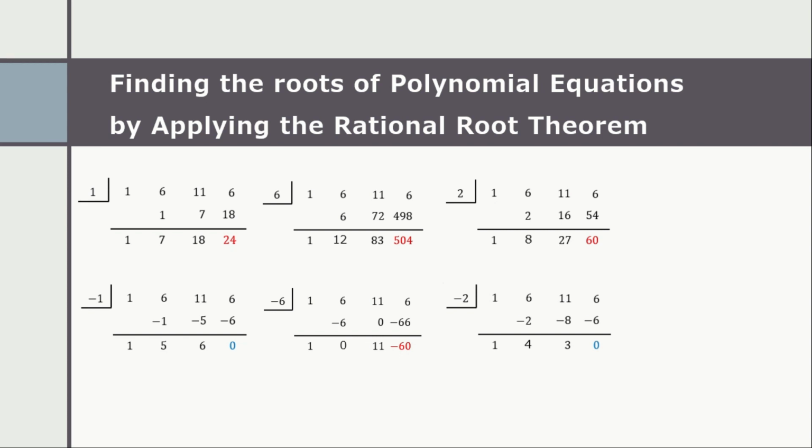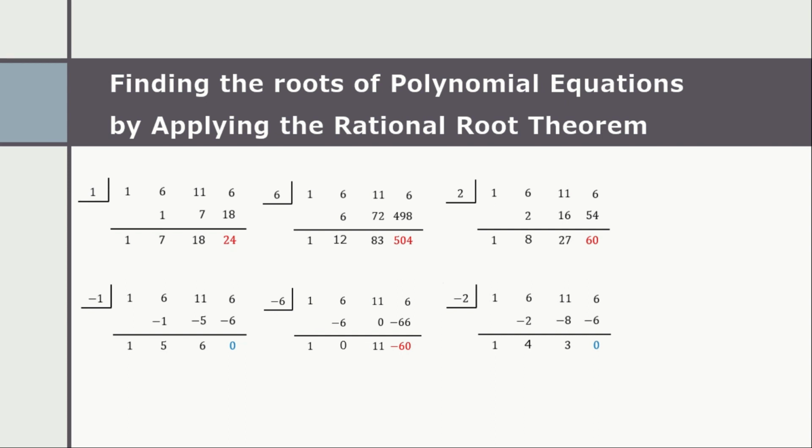Then 4 multiplied to negative 2 will give us negative 8. Then 11 plus negative 8 will give us 3. Then 3 multiplied to negative 2 will give us negative 6. Then 6 plus negative 6 will give us 0. The remainder is equal to 0. Therefore, negative 2 is one of the roots of the given polynomial equation.